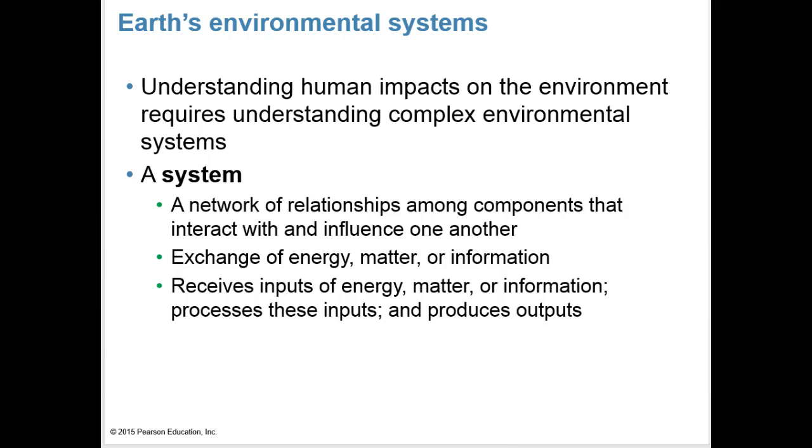A system receives inputs of matter and energy and information, processes the inputs, and then also produces outputs, such as different products or releasing energy, such as in the form of heat.